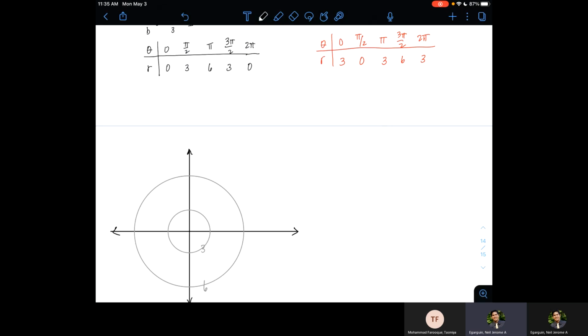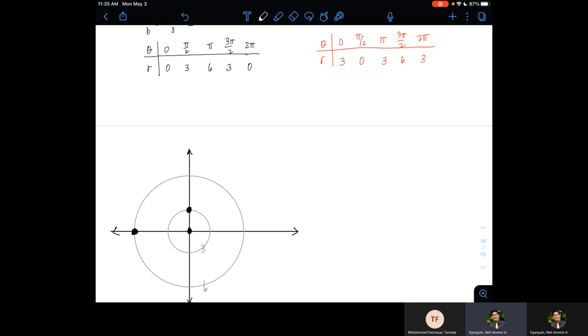first cardioid. When theta is 0, R is 0, so we'll be here. When theta is pi over 2, we'll be here, and we have 3 units, so I'll have the point there. And then at pi, we'll be here. The radius is 6, so I'll have a point here.